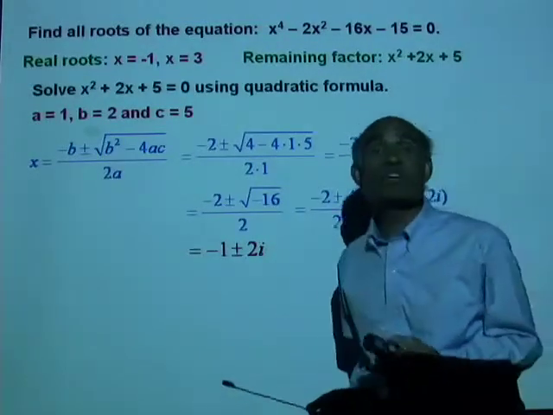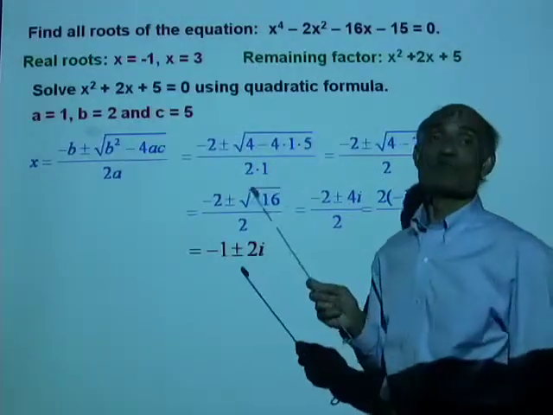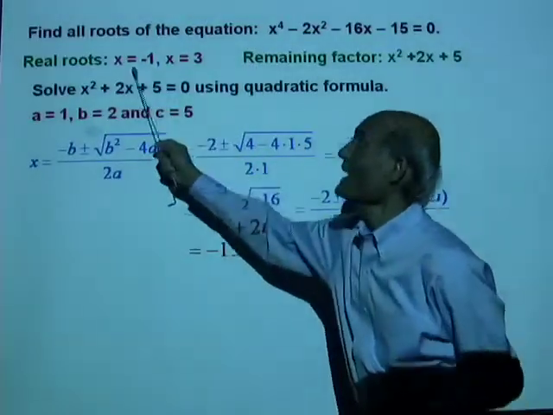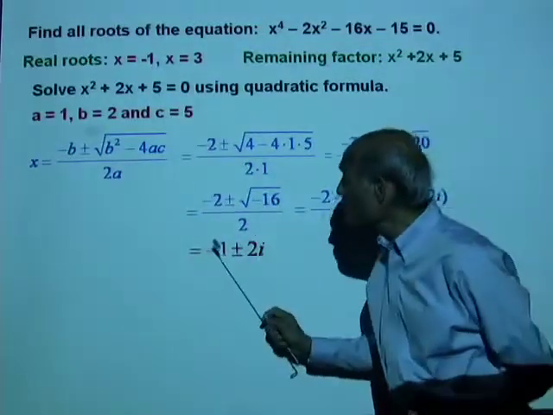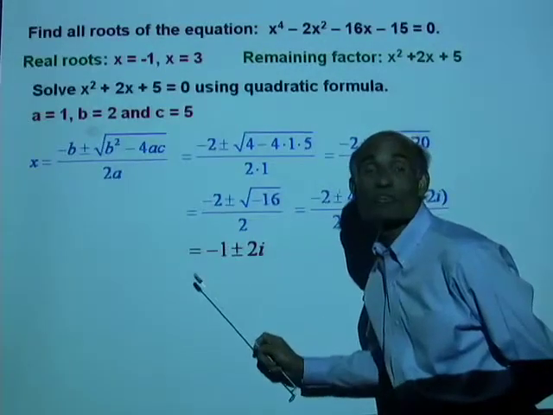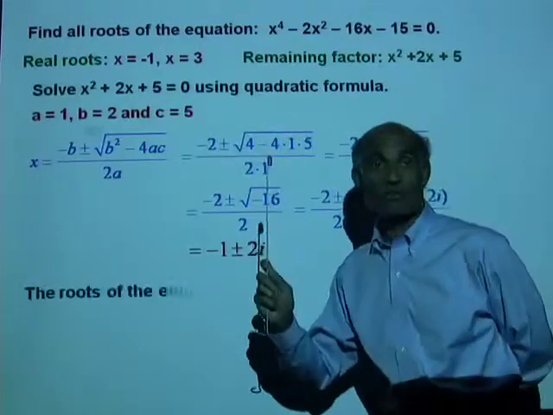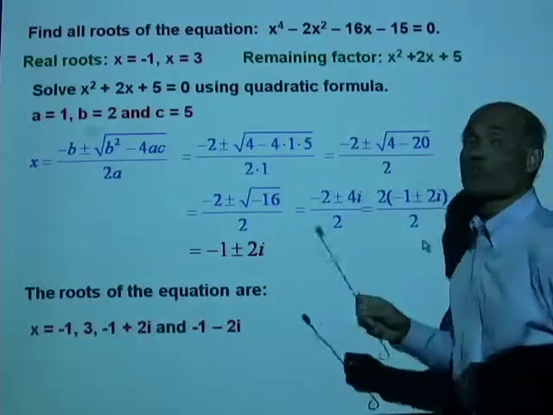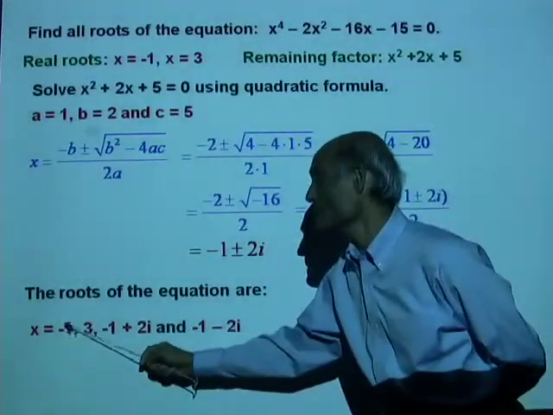So what are the roots of the equation? The roots of the equation are x equal to negative 1, x equal to 3, x equal to negative 1 plus 2i, x equal to negative 1 minus 2i. Those are the zeros, or those are the roots of the polynomial.